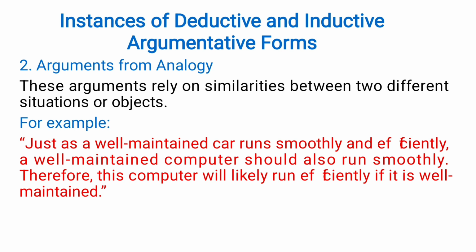Here, since A has characteristics A, B, C, and B has characteristics A, B, the conclusion of this argument suggests B also has characteristic C. But still the inference is probabilistic, not certain.